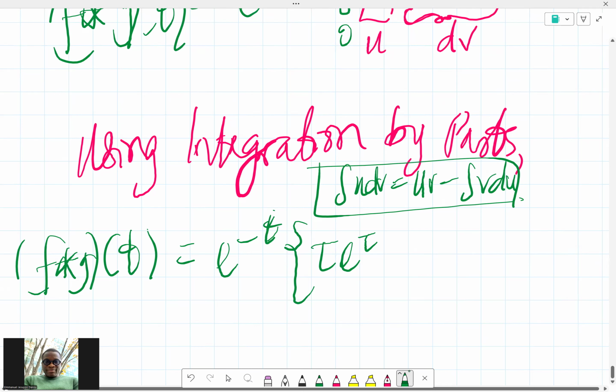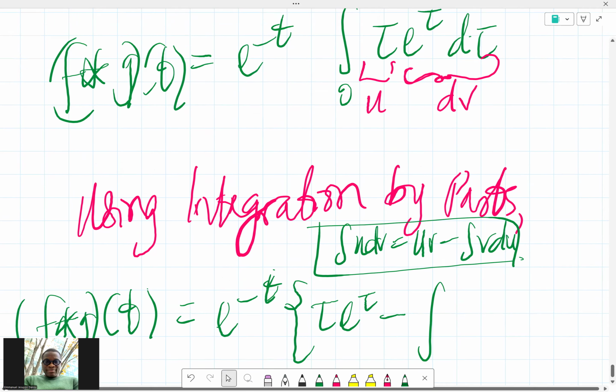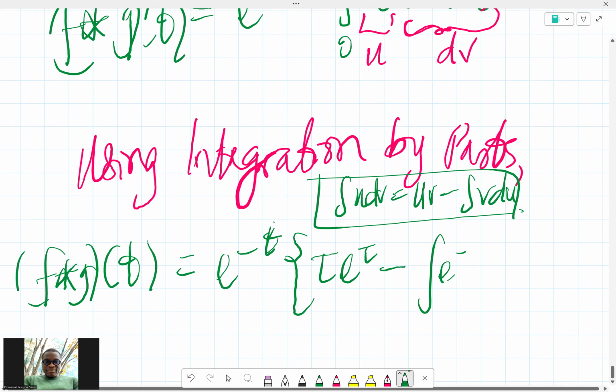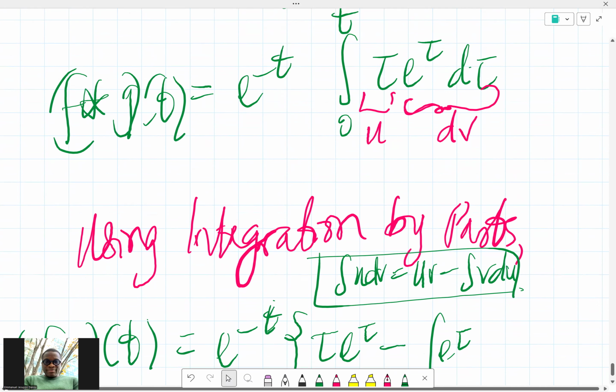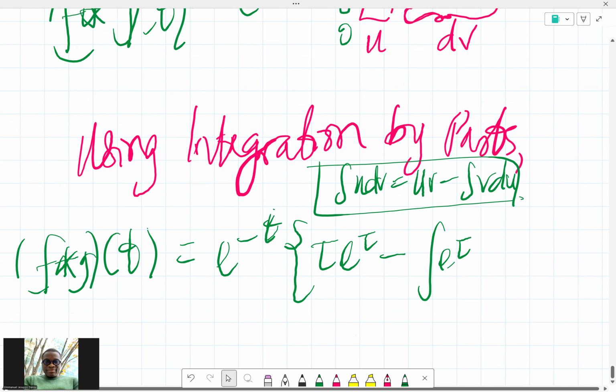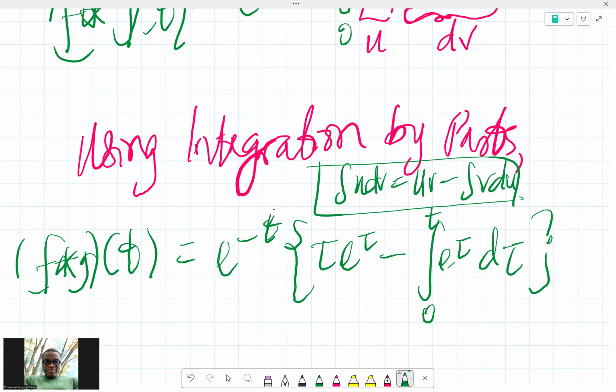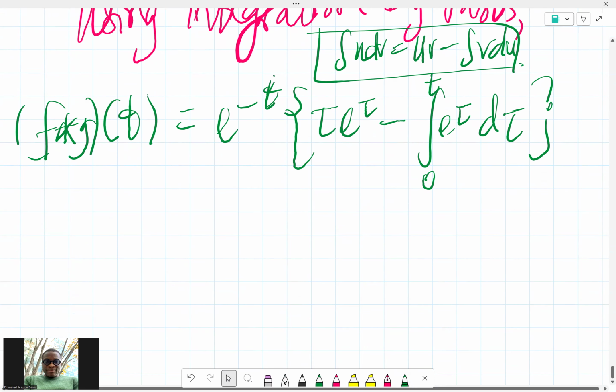So that is our uv minus integral of v du. What is v now? v is still e raised power tau. Du is when you differentiate tau, which is equal to u, so d tau is equal to du. So this is just simply d tau. And of course, this is from 0 to t. That's all we have for that.